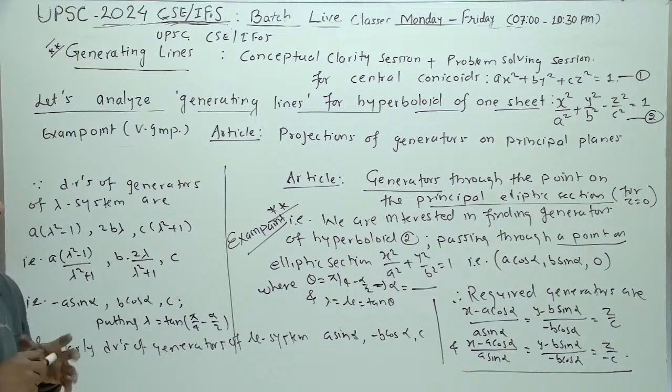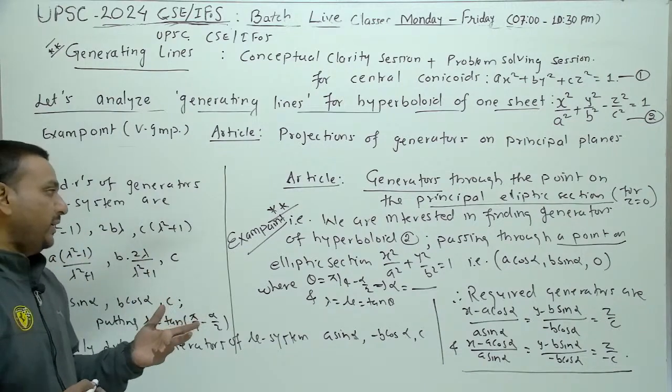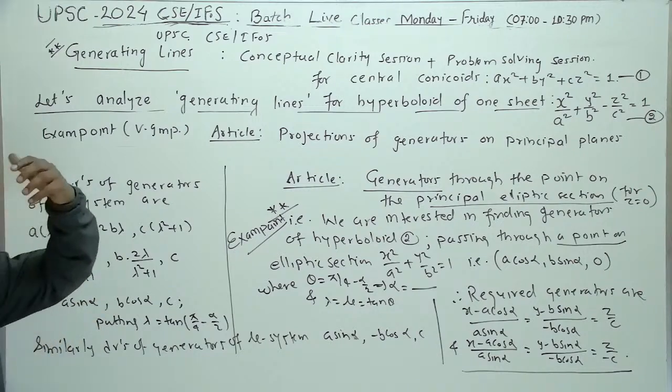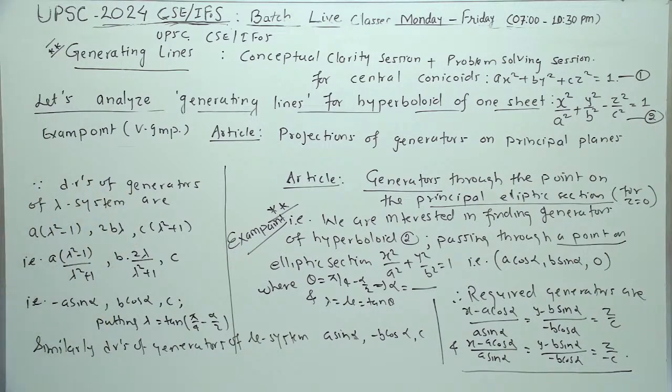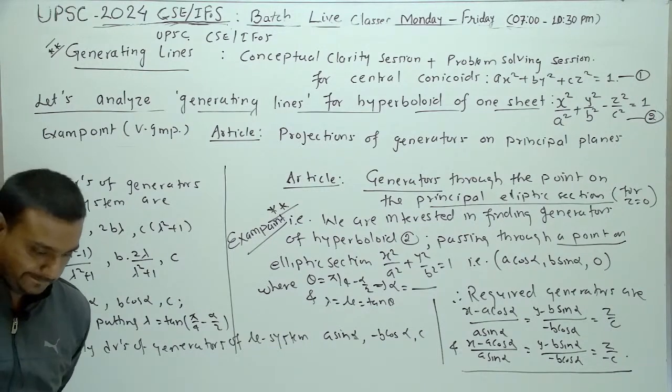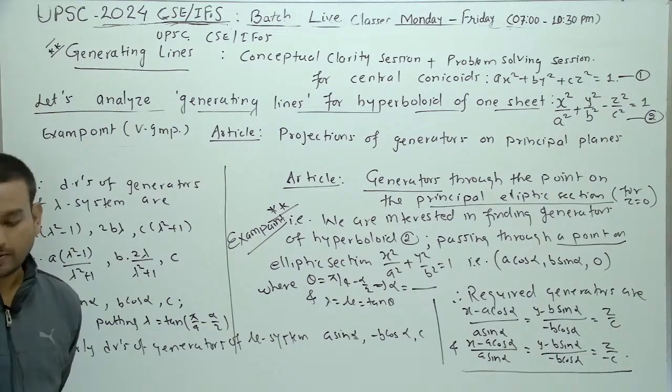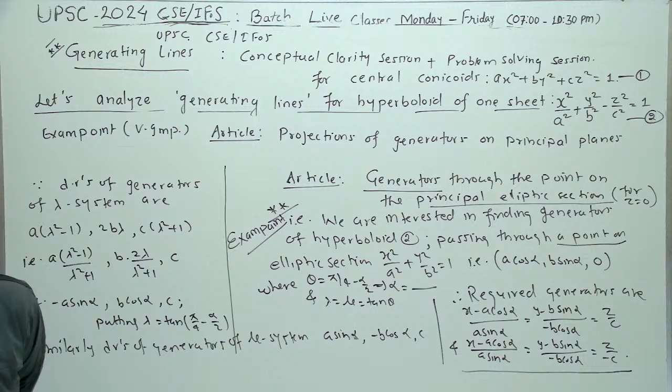Fair? So we took a point on the principal elliptic section, and through that we find the generators, and generators can be found from any arbitrary point as well. Please write down till here. Is that noted?